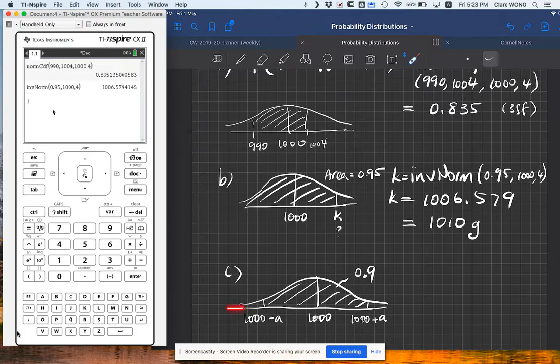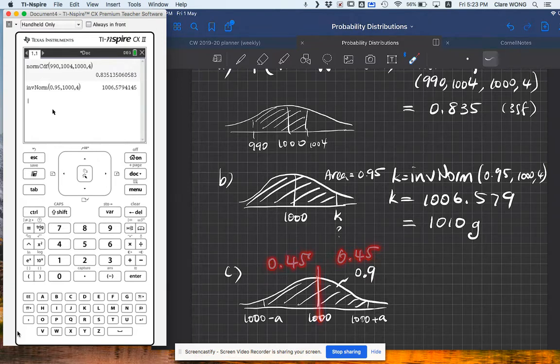We cannot say the area from the very left end to here is 0.9, because this part is not included. What we do know, though, is that we can split it up. So this side is 0.45 and this side is 0.45. We also know that each side must have 0.5.